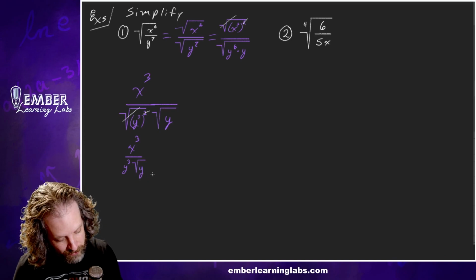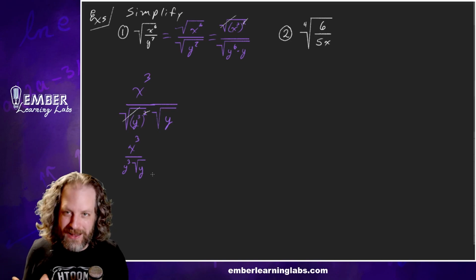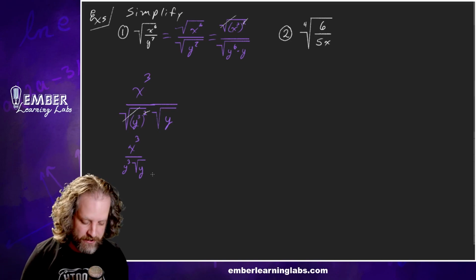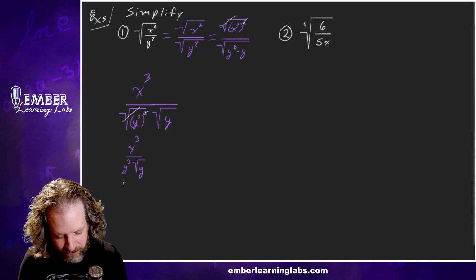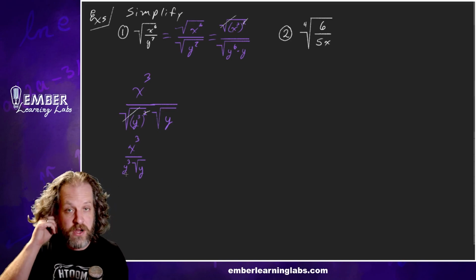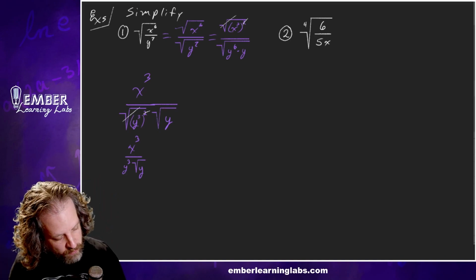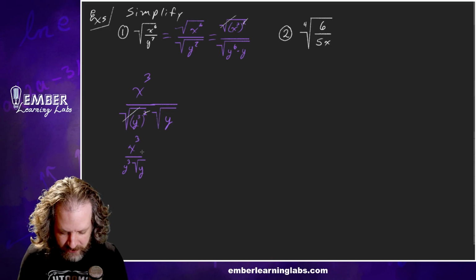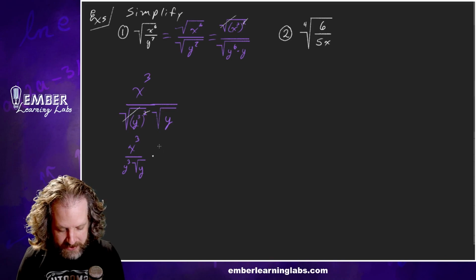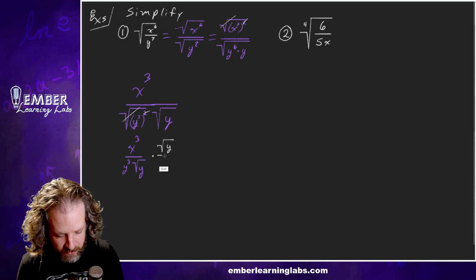Now, we're not done with this one, unfortunately, because we don't like radicals in the denominator. So we need to get rid of this radical in the denominator. For something like this, we're going to remind ourselves how to do a conjugate at our last example of this. But with this one, all we have to do is multiply the top and bottom times that root, and that's going to get rid of it on the bottom.